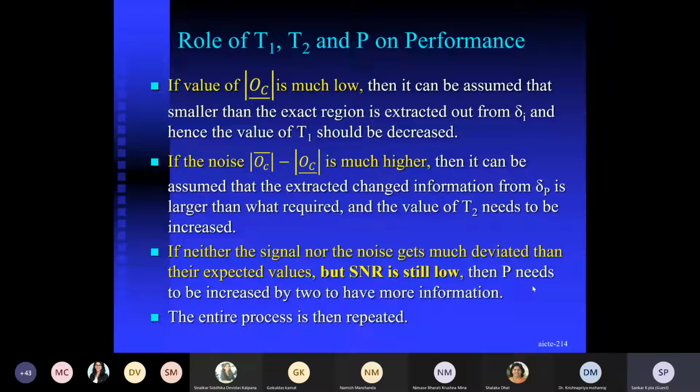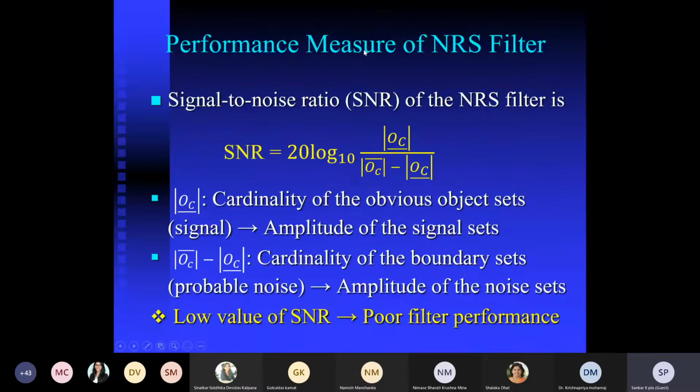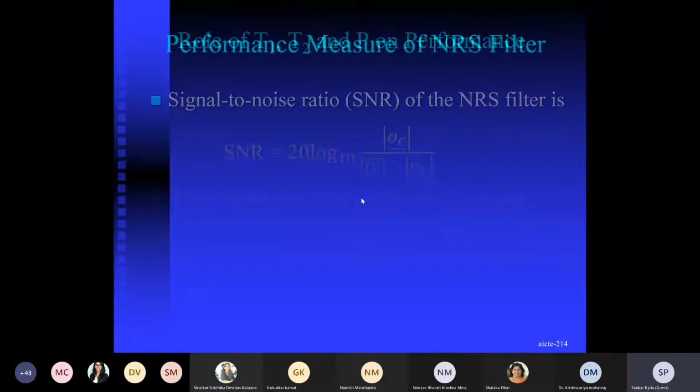Then the entire process is repeated. So here comes the significance of T1, T2, and P in order to characterize the signal to noise ratio of the filter, because we need a larger value of this signal to noise ratio to have better performance of output. Output means the object model in terms of lower and upper approximation.